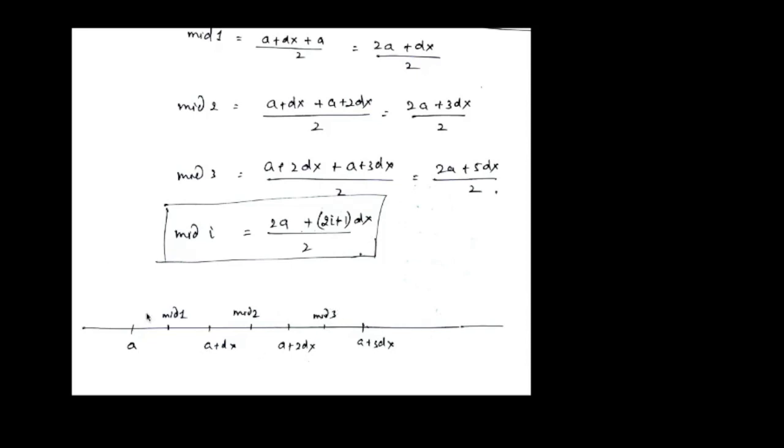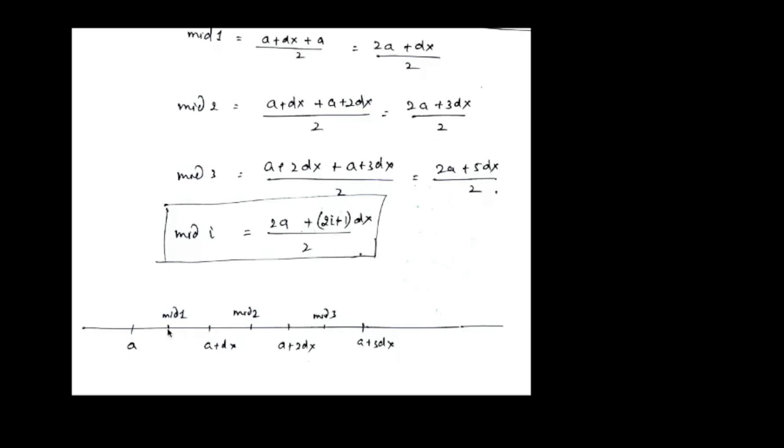So what will be the mid 1? What will be this coordinate? That's the key question. If I have this coordinate and this coordinate, then this coordinate will be an average of the two, a and a plus dx. Just imagine, if a is 10 and this is 12, then what will be the middle value?